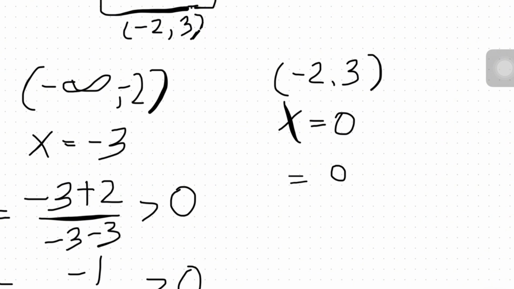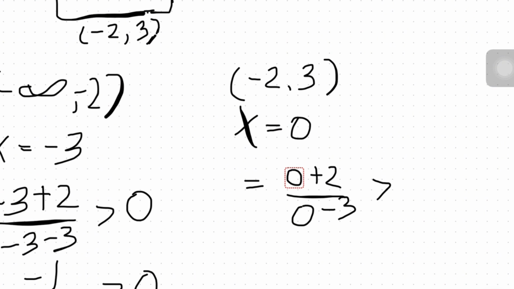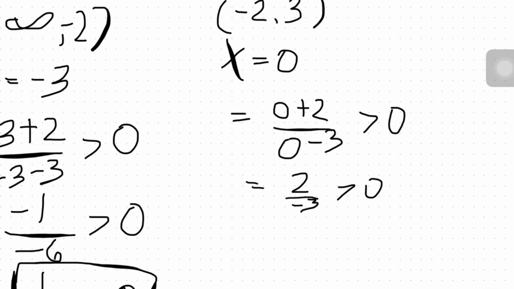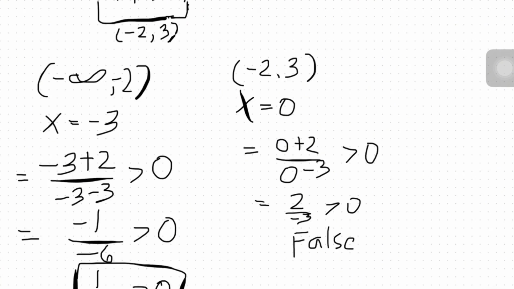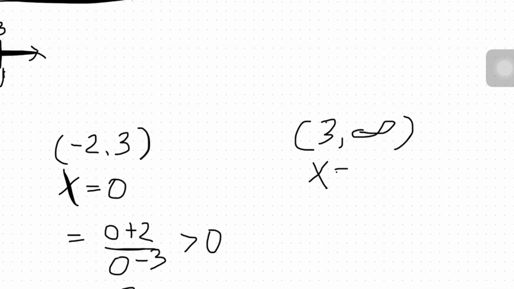For the middle interval, I choose 0. And just repeat the process, substitute it, and solve it to determine the sign. Here, the sign is negative, so negative 2 over 3 is not greater than 0, so it's false. For the last interval, I choose positive 4.